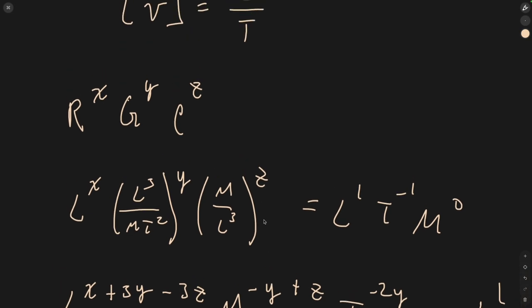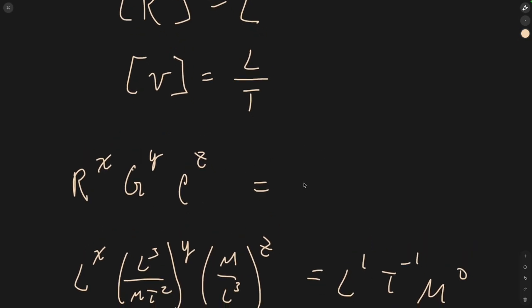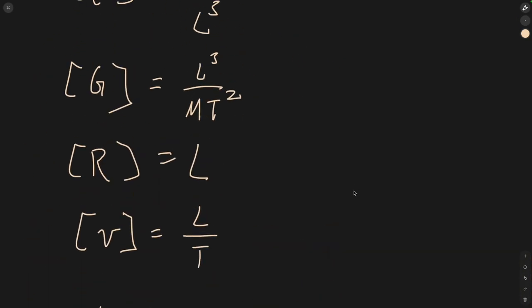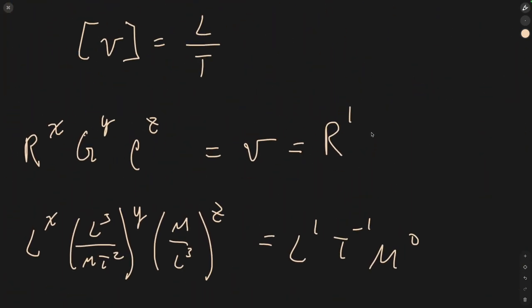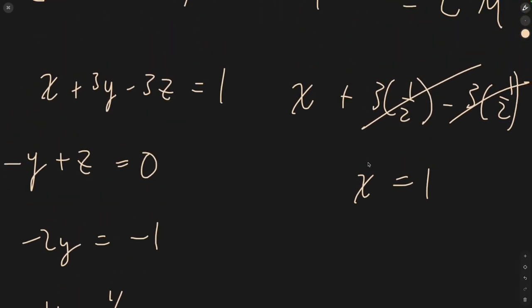So it looks like our result here, we can write that this is a velocity. Velocity should equal, the escape velocity should be the radius of the Earth to the first power times g to the 1/2 power. I can write square root. And then times rho to the 1/2 power.